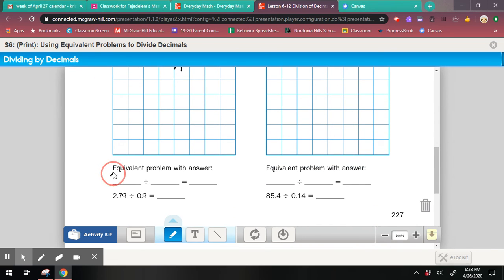So our equivalent problem was 27 and 9/10 divided by 9 equals 3 and 1/10. So that means 2 and 79/100 divided by 9/10 equals 3 and 1/10 because they're equivalent. They're equal to each other.